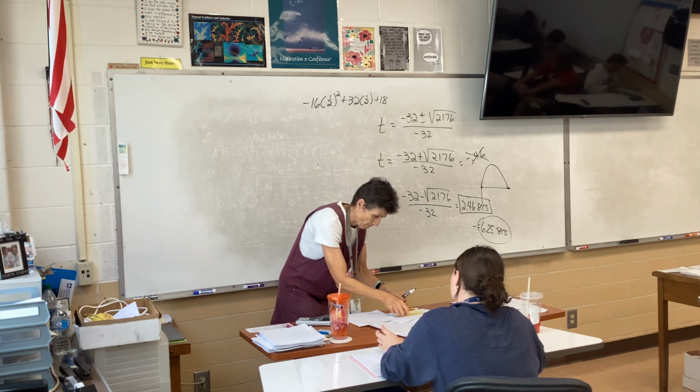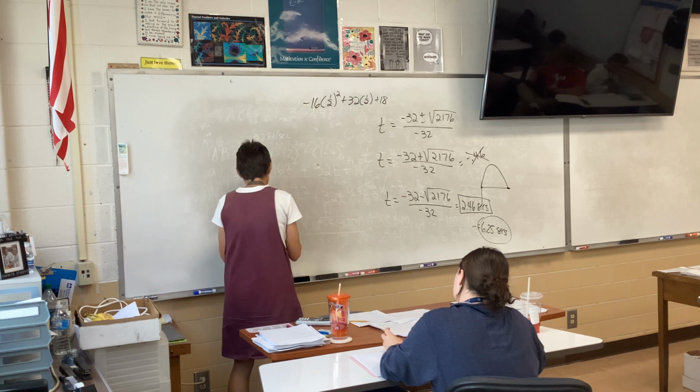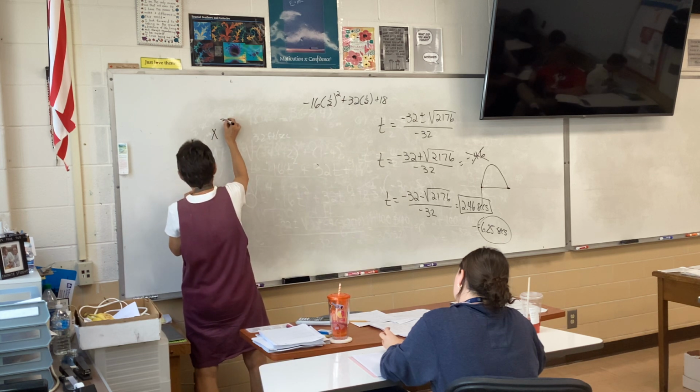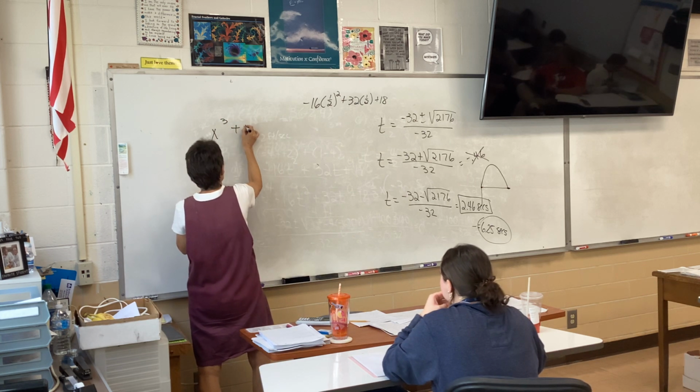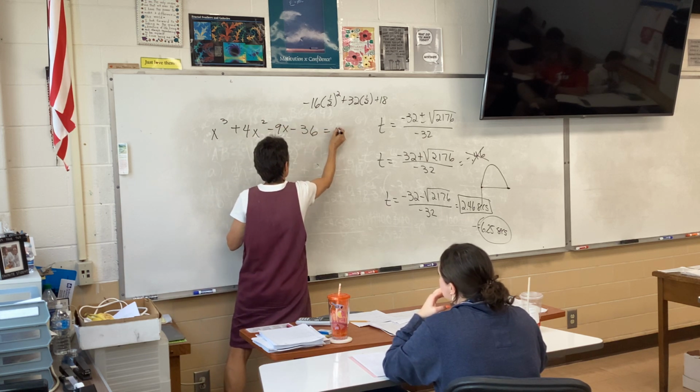All right, so the problem will be solve x cubed plus 4x squared minus 9x minus 36 equals 0.